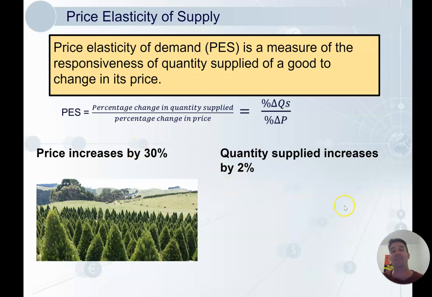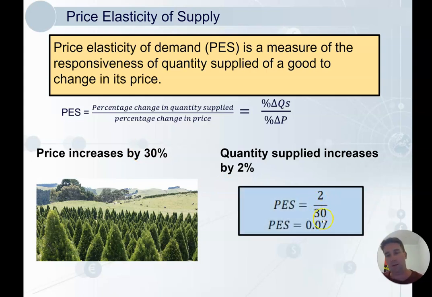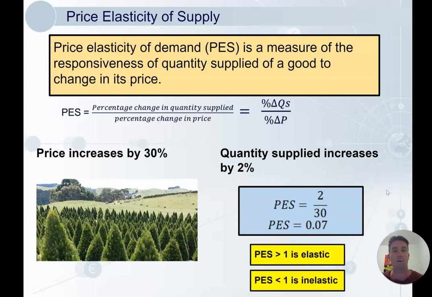So this is inelastic supply. So we plug the numbers in, we get that low number below 1, inelastic, just like it was for PED, it is for PES as well. So greater than 1, elastic, less than 1, inelastic. Same as it was for price elasticity of demand. So that makes it a bit easier to remember, I think.